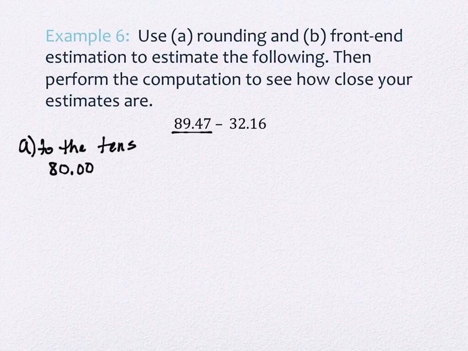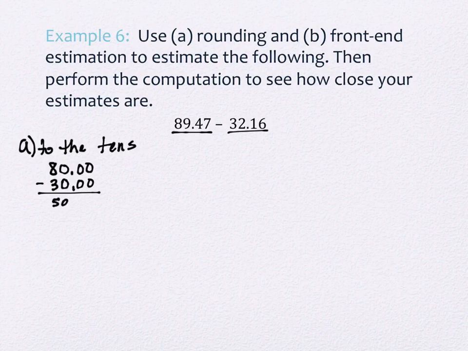It's just 80. And we take the second number, 32 and 16 hundredths, and we keep the tens place, which is a 3, and everything else zeroes out. This is what front-end estimation does. It keeps the one digit and everything else zeroes out. Doesn't matter what came next. And we would subtract and we would get 80 minus 30, which is 50.